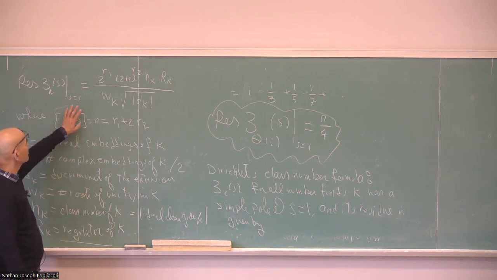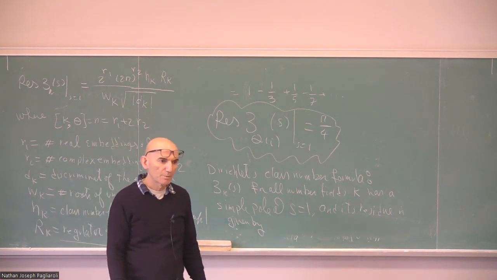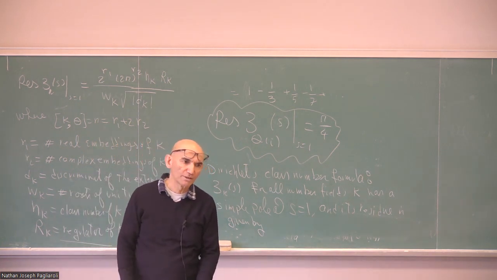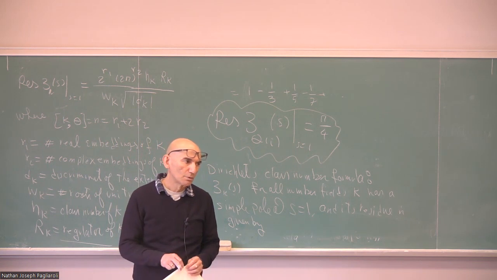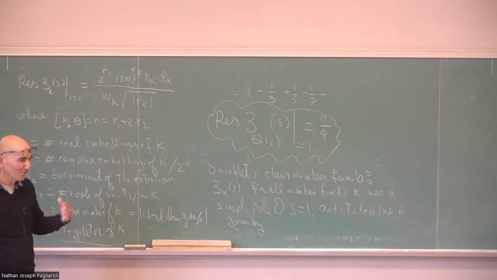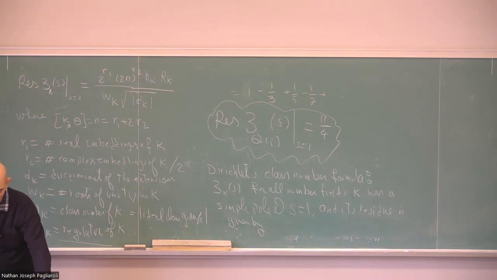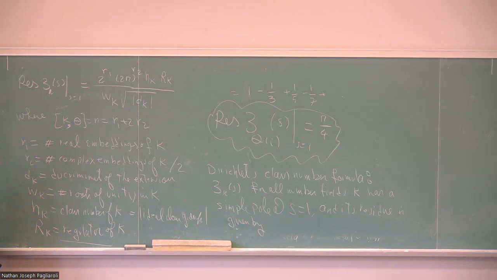This should be one of the most beautiful formulas in mathematics, put forward in the 19th century. It has that sort of flavor. So Dirichlet apparently had this for quadratic extensions, actually could be even for quadratic forms in that context.